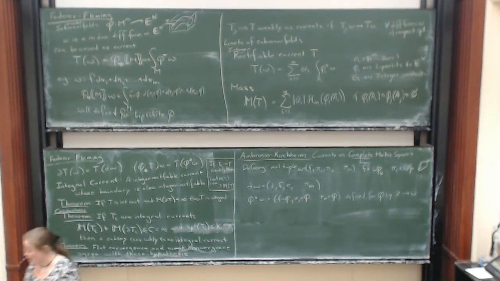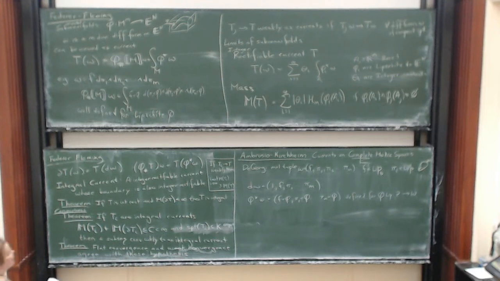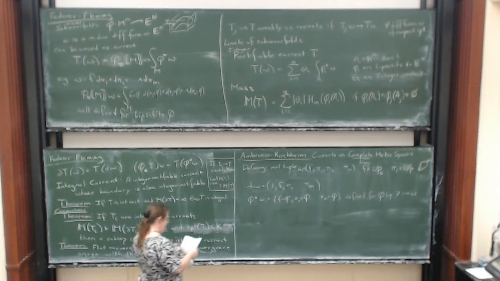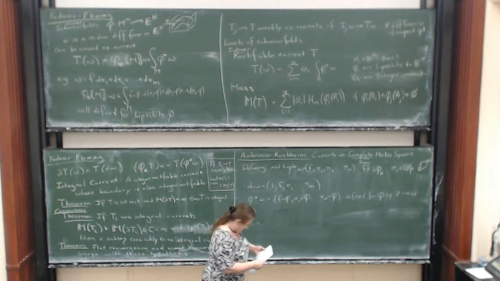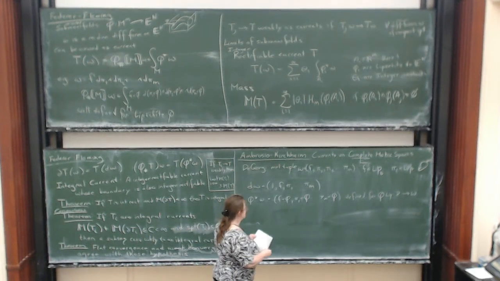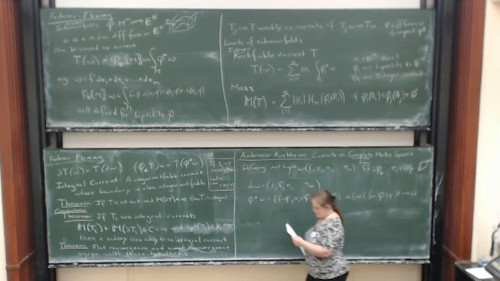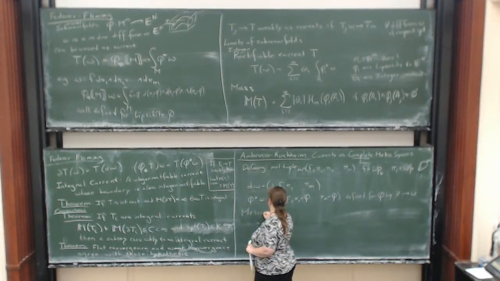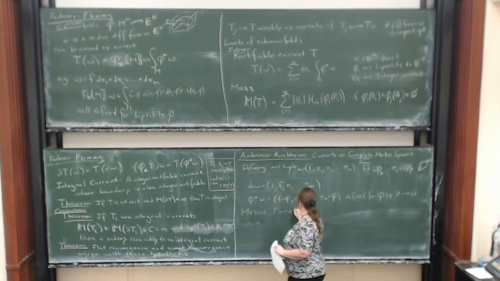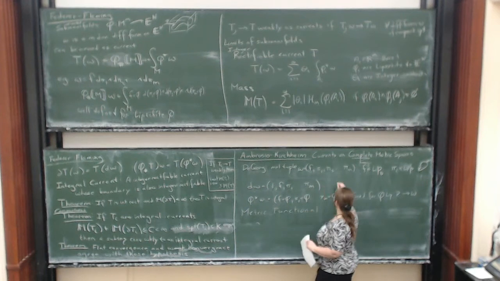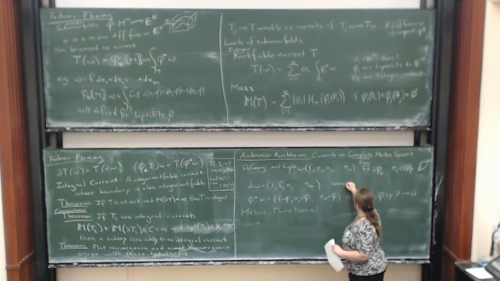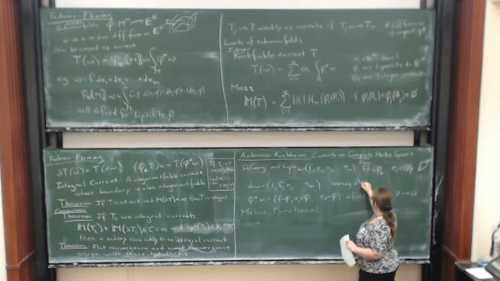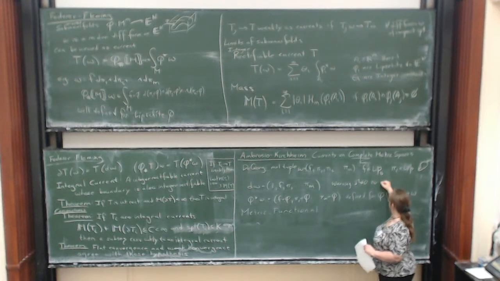I am not doing anything unless Ambrosio and Kirchheim do it, and they do not put locality on their tuples, and neither does the Georgi. All right, so this guy is fine. He pushes things around. And then we define a metric functional. So let me write a warning: d squared not equal to 0, not alternating.